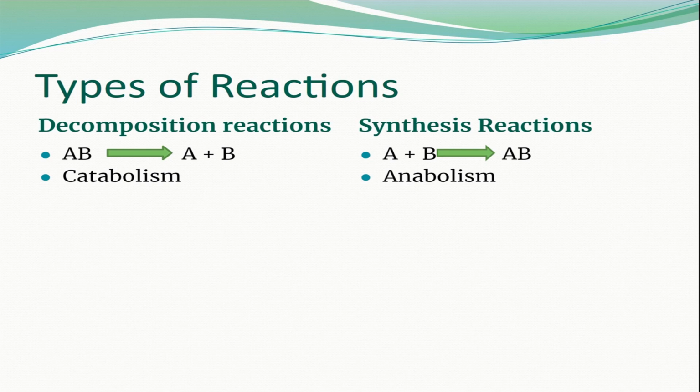Then we have synthesis reactions, where we take two parts and make them a whole. This is anabolism. Catabolism and anabolism are the two sides of metabolism. So metabolism is not just the breaking down of your food, it's the breaking down of your food and the building up of molecules as a result of breaking down that food.